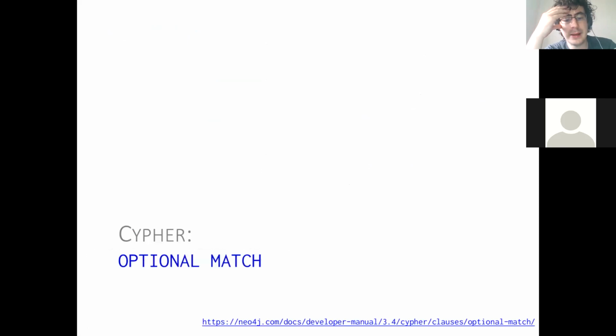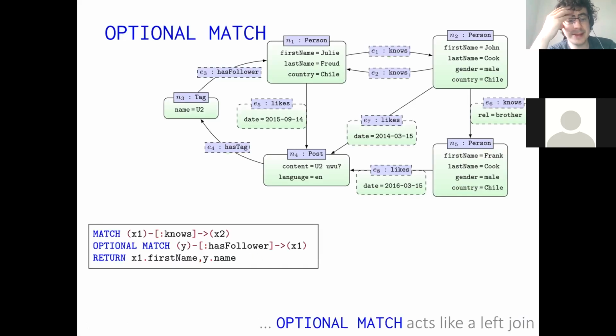Optional match. This is essentially equivalent to a left outer join in SQL. It's pretty much the exact same thing. So it allows us to match something and then optionally to match something else if we can find something that matches for it. So this is saying, find me nodes where X1 knows X2, and optionally, if X1 has a follower, then give me their name as well.